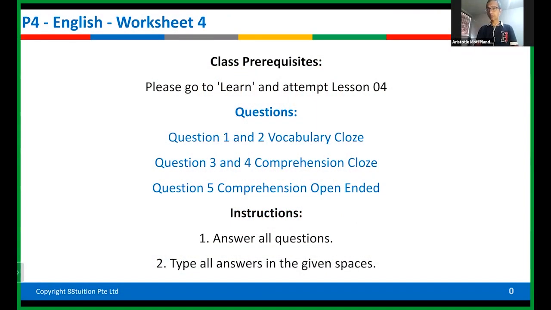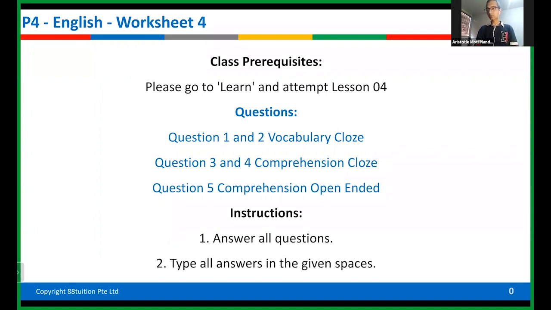Today we'll be having worksheet 4. I hope that all of you would have looked at the worksheet and tried the questions before this tutorial. Okay, so without further ado, we've got quite a bit to cover.